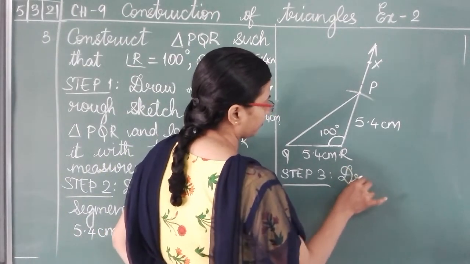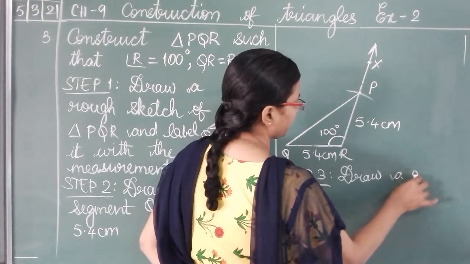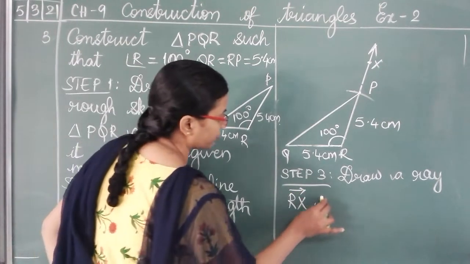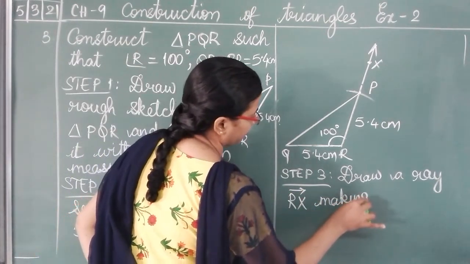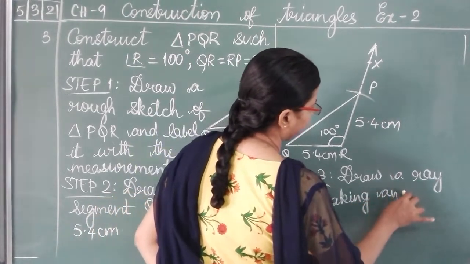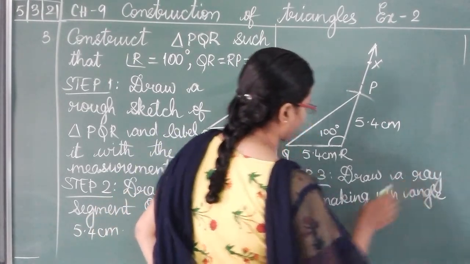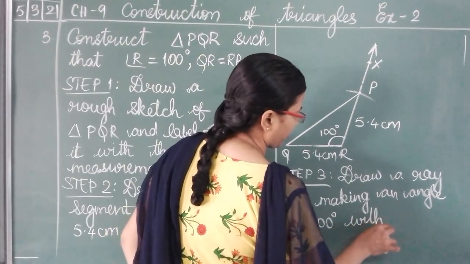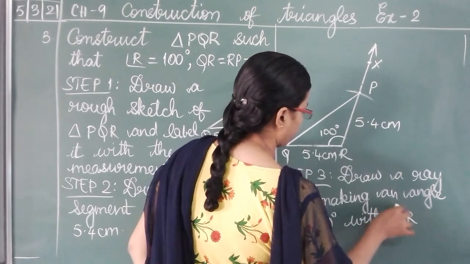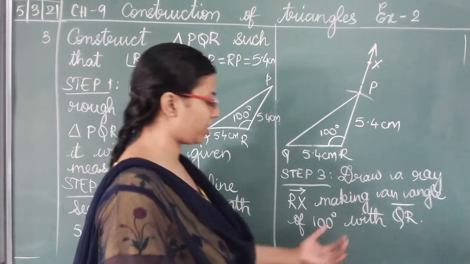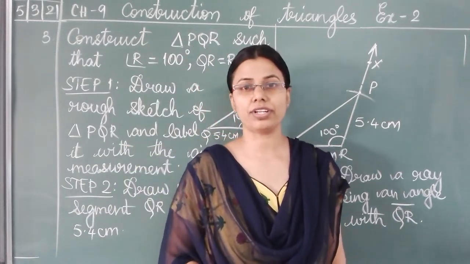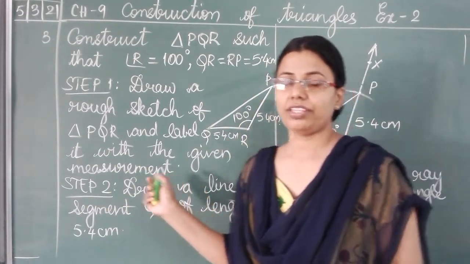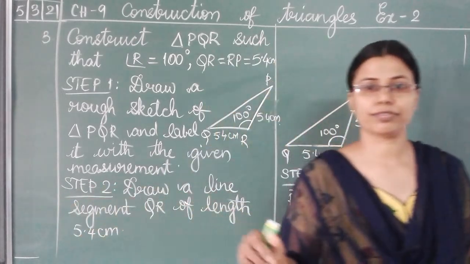Draw a ray RX making an angle of 100 degrees with the line segment QR. Understood this, children? Copy in your class workbooks. I am going to erase this side and write the remaining steps. Copy this.